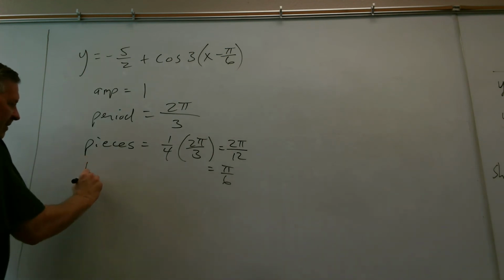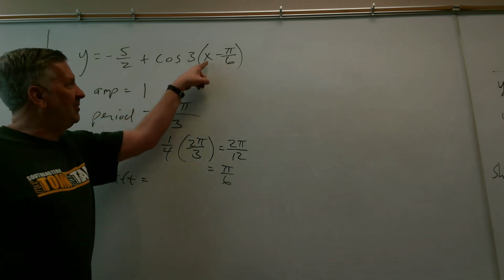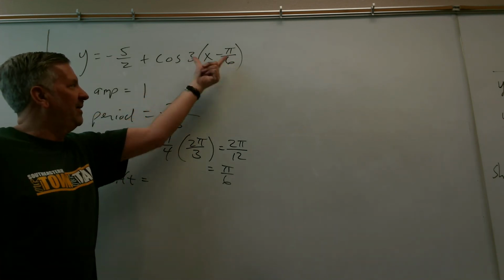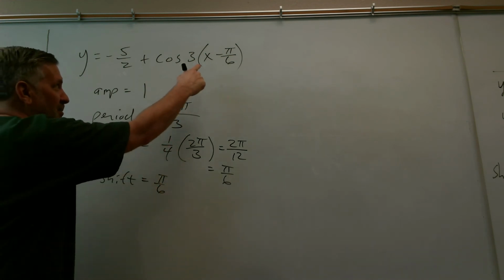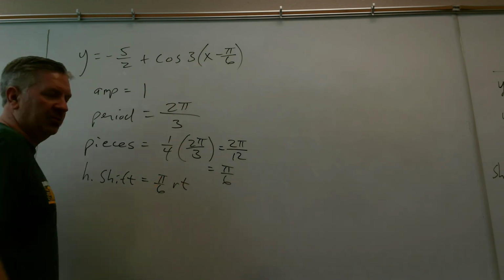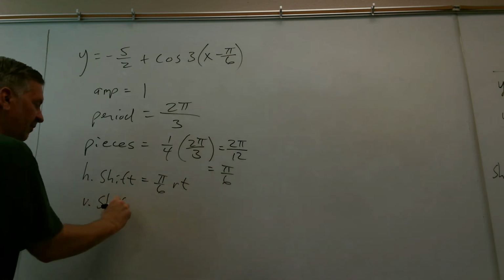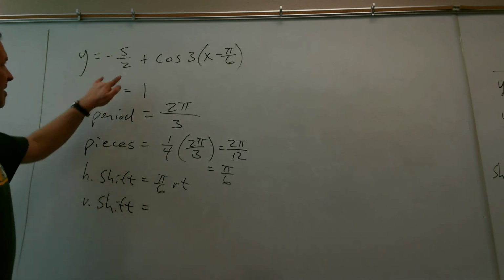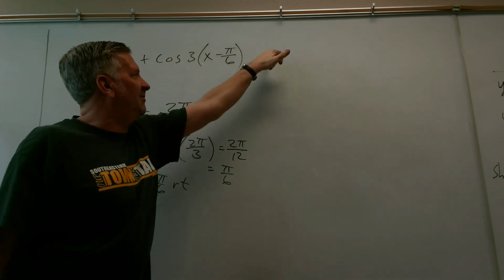Now, is there a horizontal shift? Well, we are subtracting pi over 6 from the angle x. That's a horizontal shift of pi over 6 to the, it's x minus pi over 6, and so it's to the right. And then we also have a vertical shift, and that's coming from this number. Again, we could have written this -5/2 out here as minus 5/2.